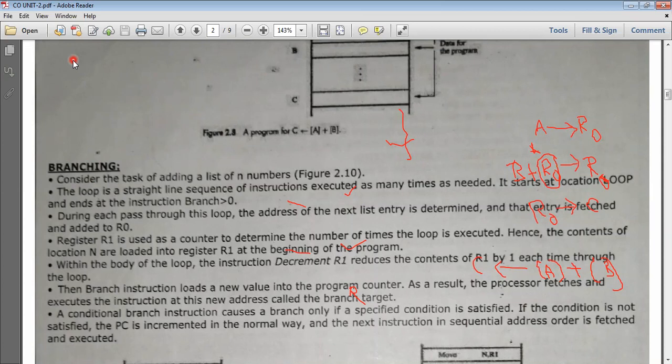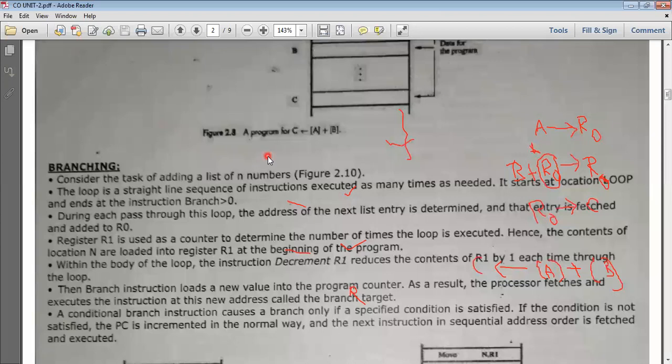What is the reason we are using them? Suppose we want to execute some instructions a number of times. Then there is a necessity to write the instructions a number of times, so the number of instructions increases. To reduce that number of instructions, we are using loops.